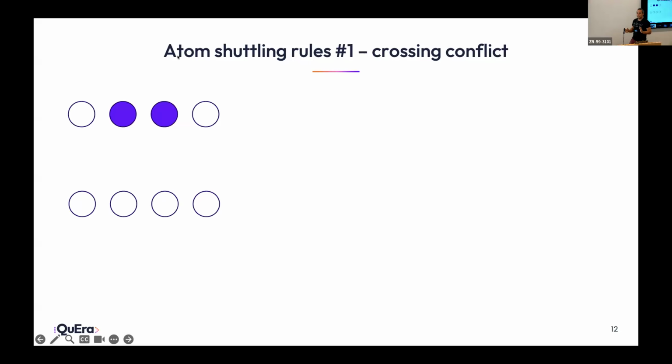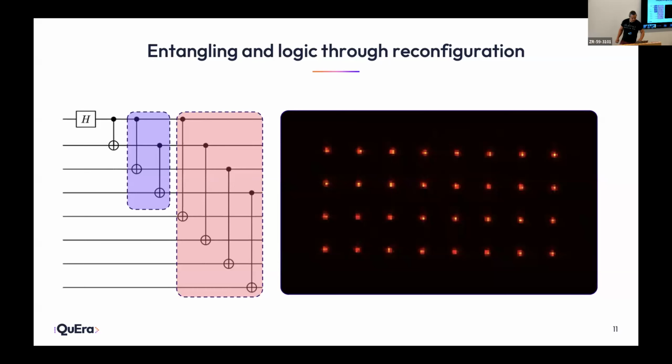So let's look at what is allowed. One more quick question. In the slide before, you said instead of the Hadamard, you do a root Y on all of them. Is that happening here? Well, you can't see it, right? Because the measurements are done by fluorescence spectroscopy, so you literally have to look at the atoms.